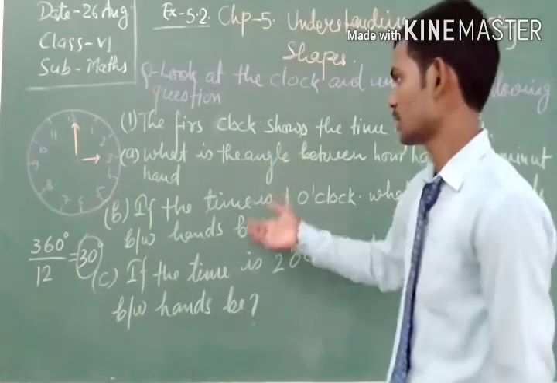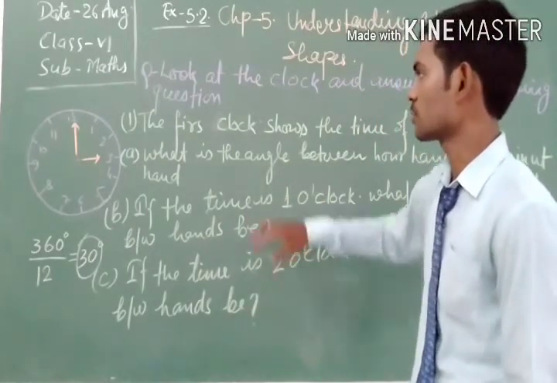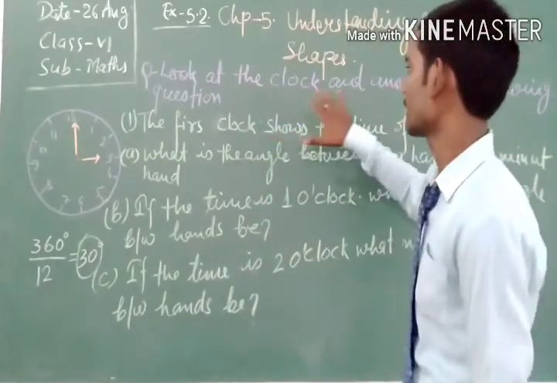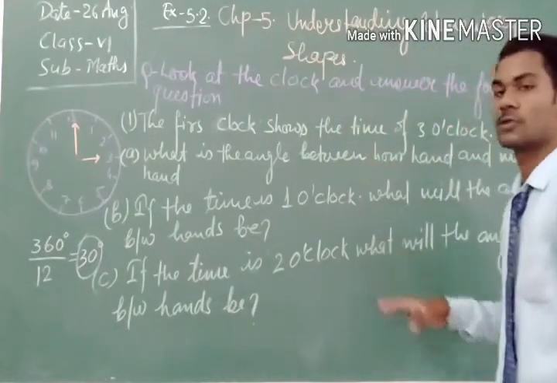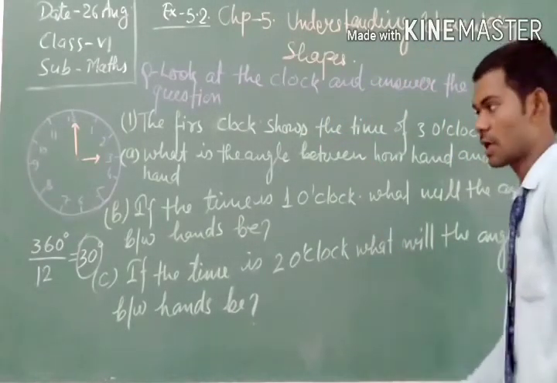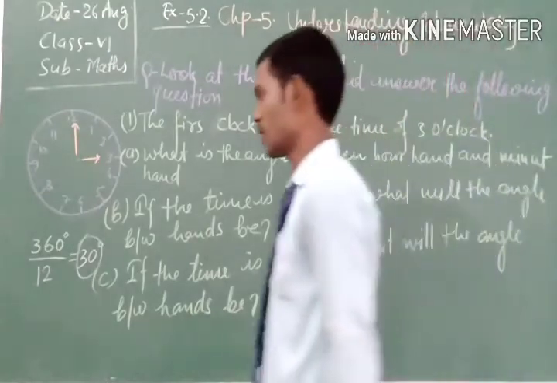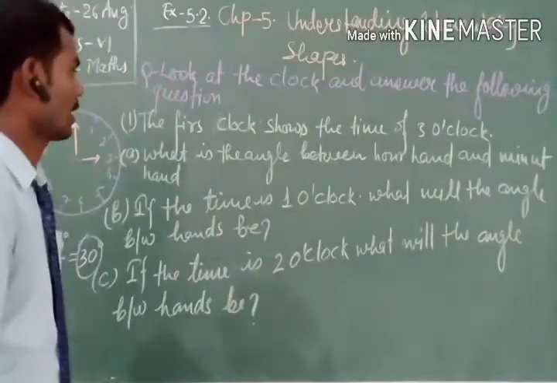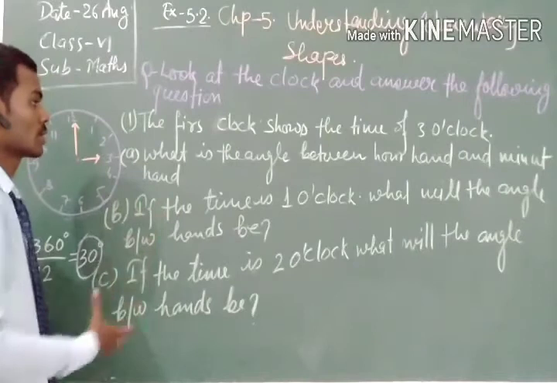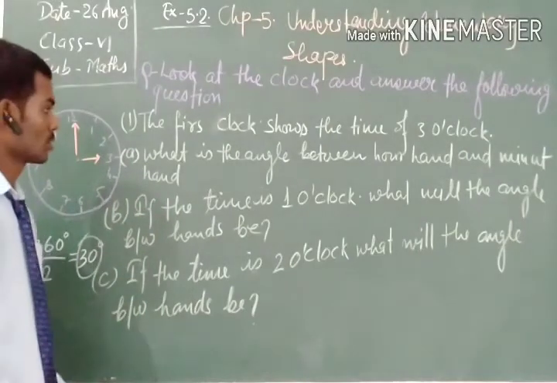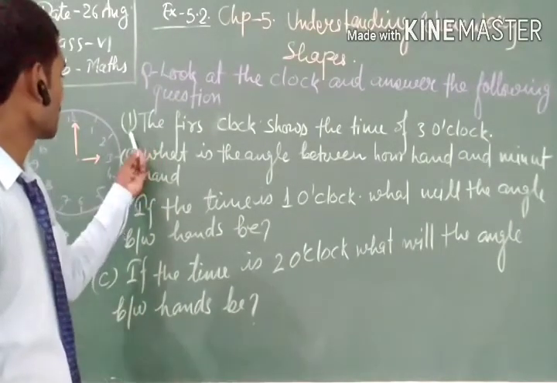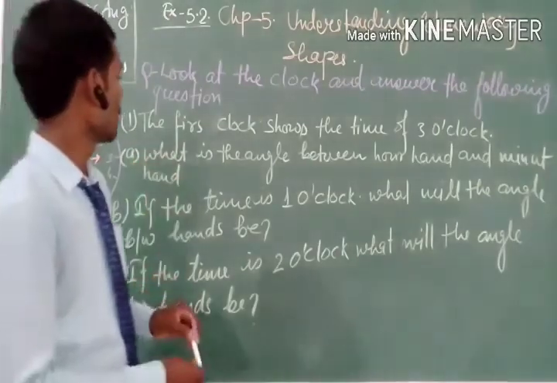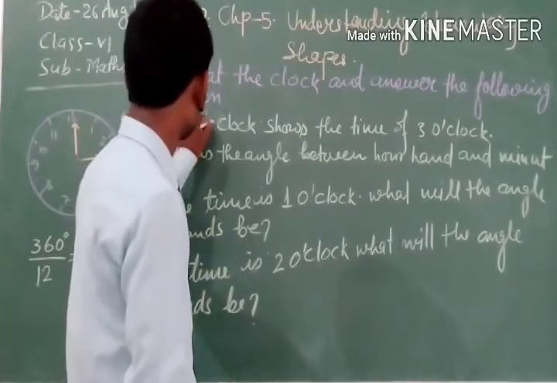So let us start our question. The first question is: look at the clock and answer the following questions. The questions are given here and we have to read them and try to understand what the question says.